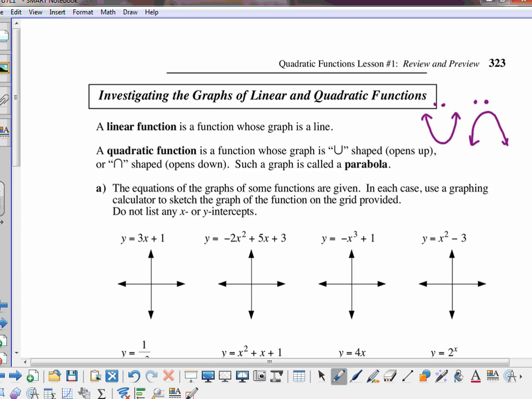The first graph we say opens up, and the second we would say opens down. There's a certain value in the equation: if it opens up, it'll be positive, and we'll talk about that value in a second.